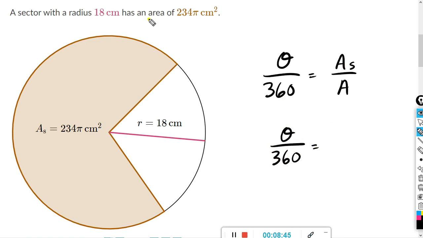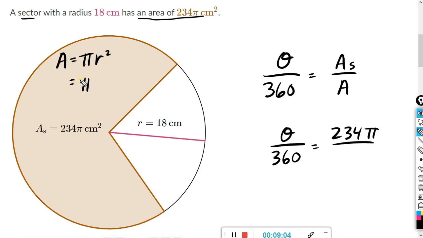The area of the sector is given. It says the sector has an area of 234 pi. The area of the circle we can easily find. Area of the circle is pi r squared. That's going to be pi.